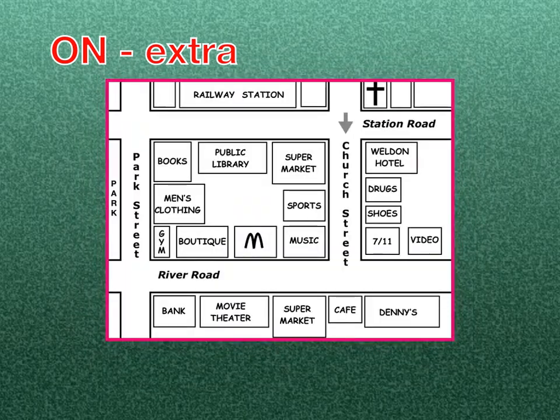More about on. Here's that map again. Notice all the roads have names. That's normal in North America, all of Europe, many countries. Looking here, you can see that all these buildings, the bank, movie theater, supermarket, cafe, and Denny's, are on River Road.